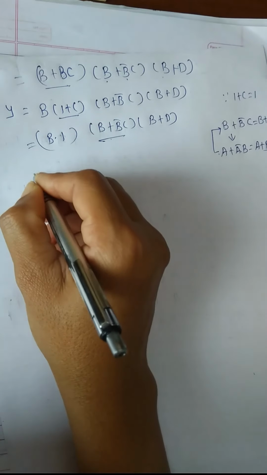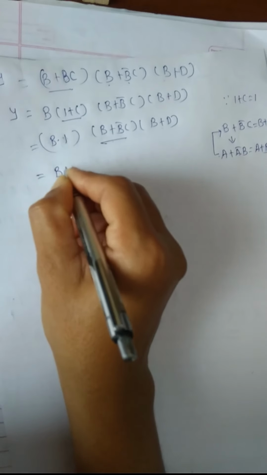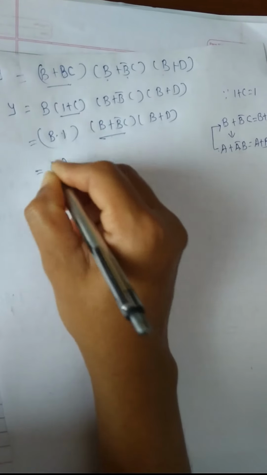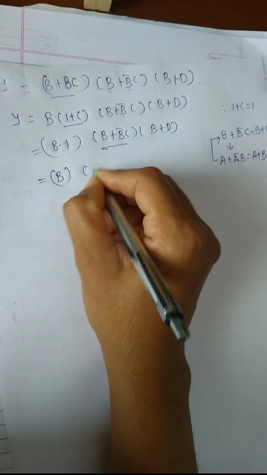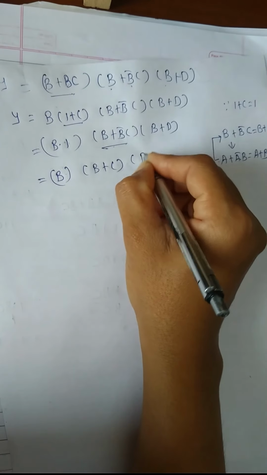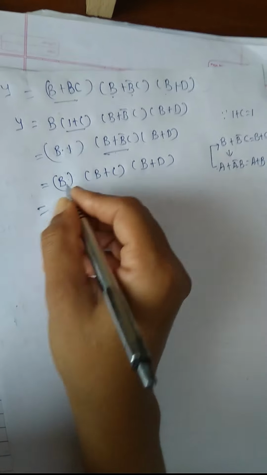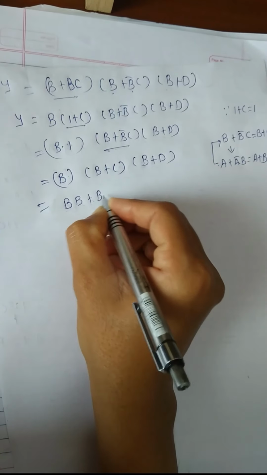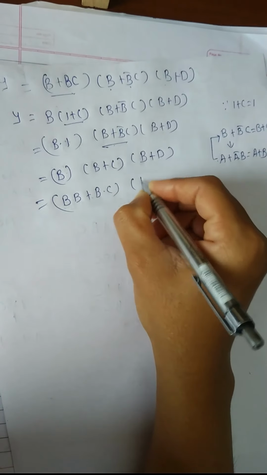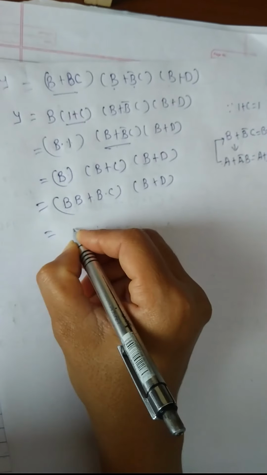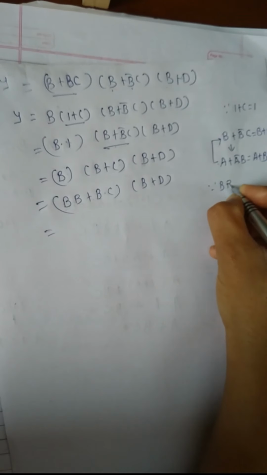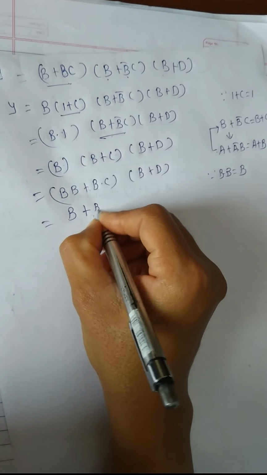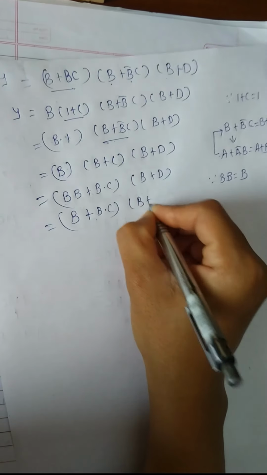So this term b plus b bar c is represented as b plus c, and multiplied by b plus d. So b is multiplied to b plus c, so b into b is b, b into c is bc, then b plus d.